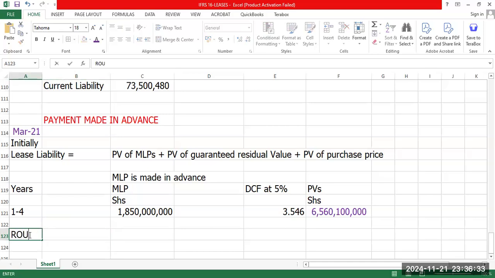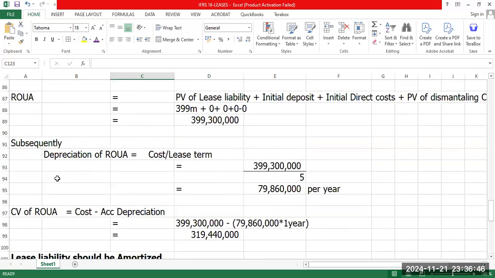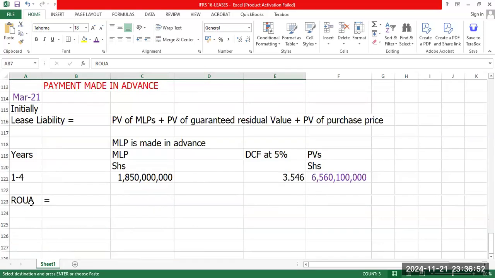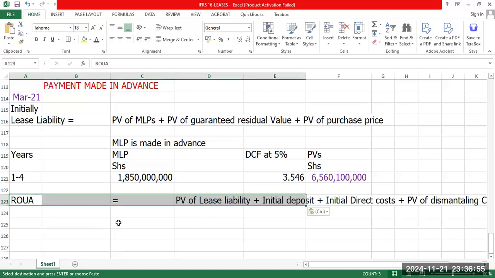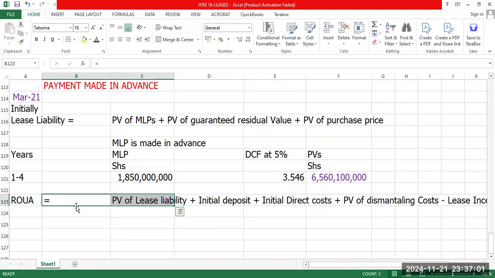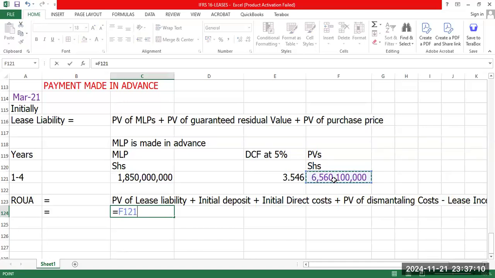Then what about right of use asset? Right of use asset is equal to the present value of lease liability, 6.5 billion.